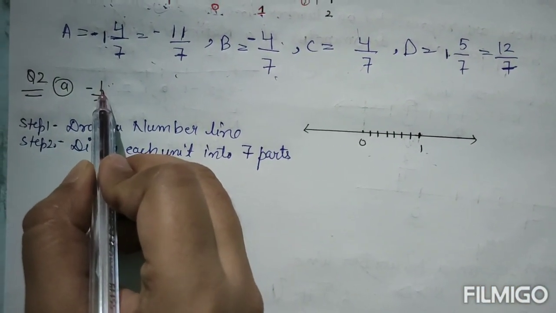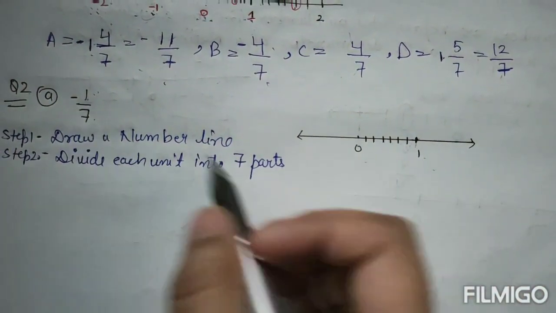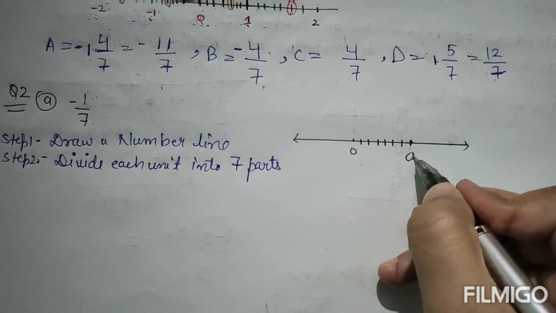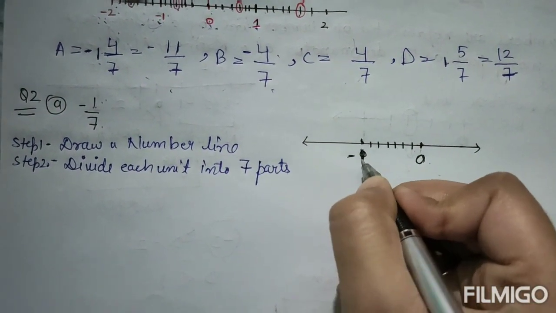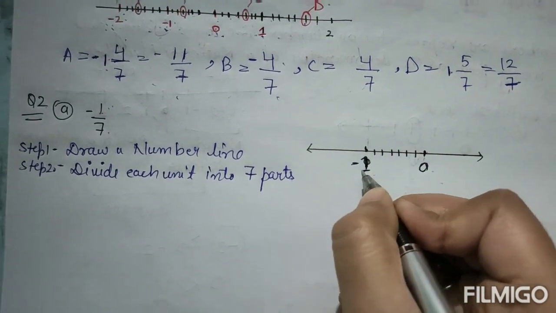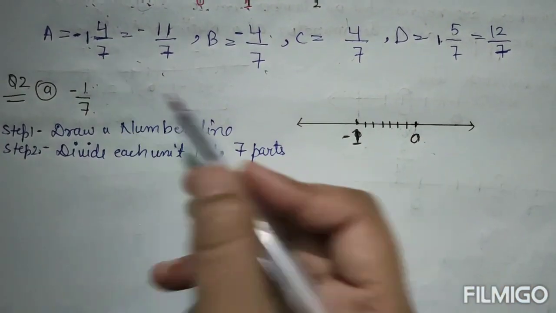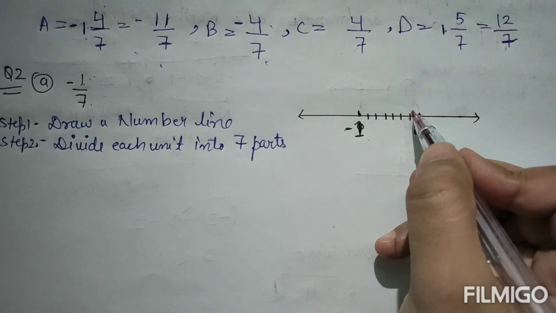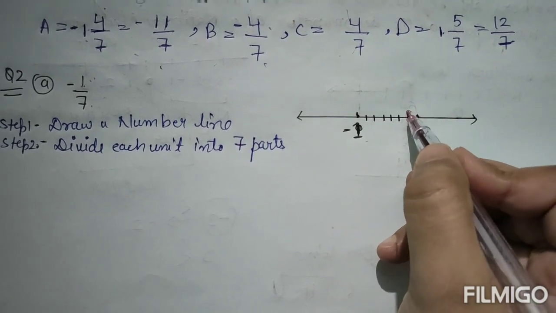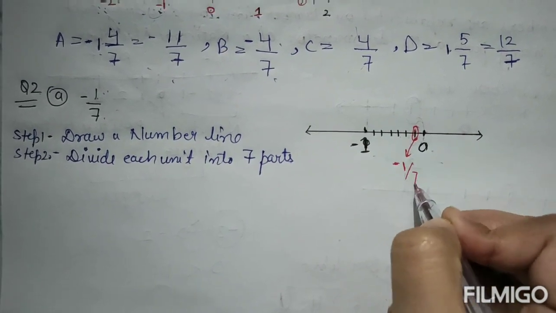Now you have to move one step, as it is negative, so it will be 0 and then -1. We have to move to the left, not to the right. So 0. Now move one step to the left side, this will be 1. That means this is the number -1/7.